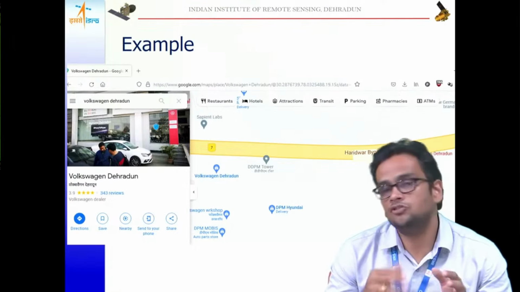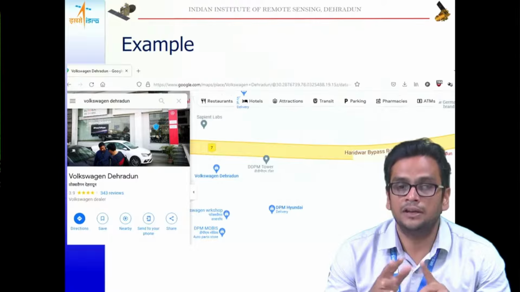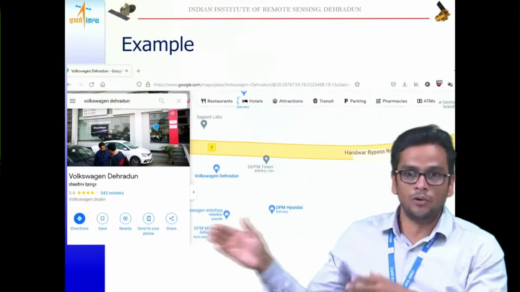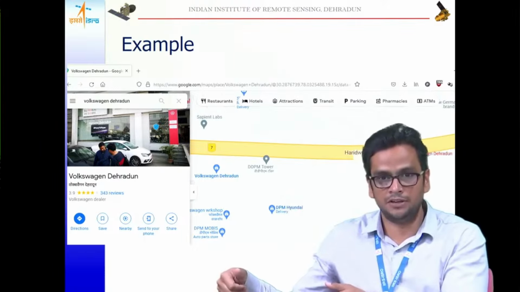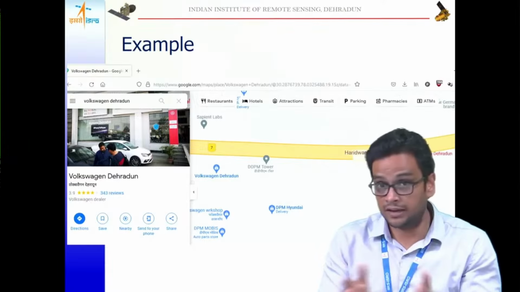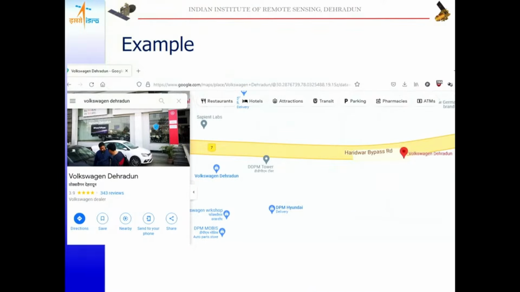But suppose an emergency comes, any fire happens, any ambulance comes, and they reach 100 meters before or 250 meters before, they have to look for where it is. They need very, very precise information, then only can they reach that particular place.